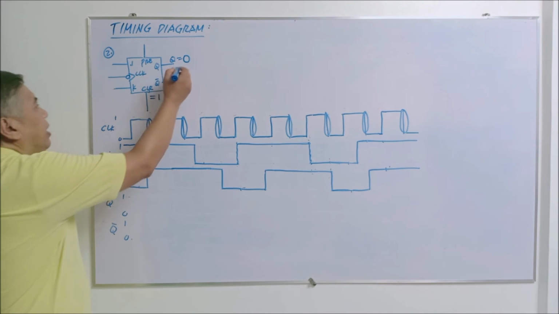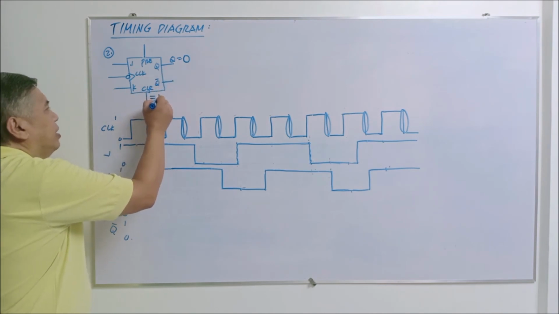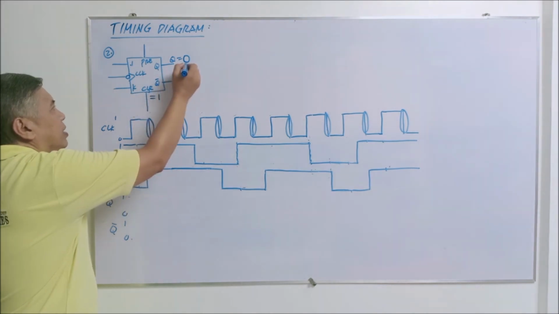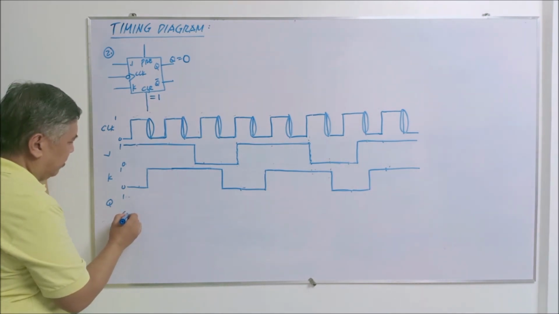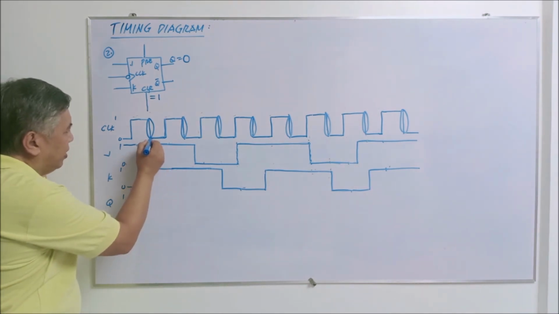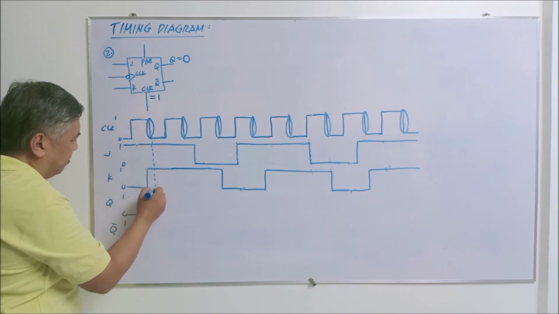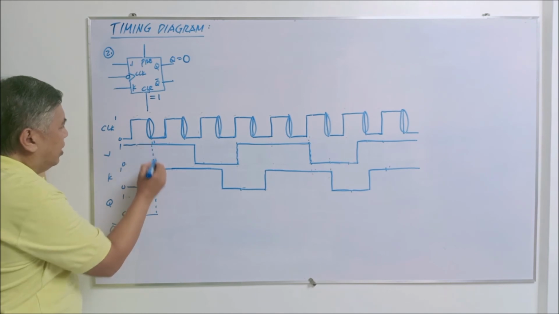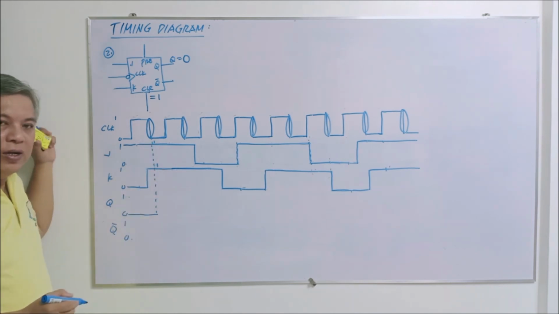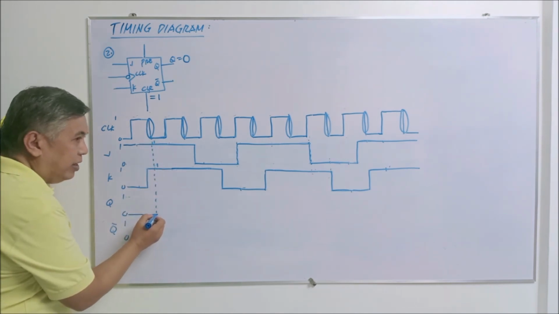Okay? So, let's determine the output Q and Q bar. So, again, since clear is equal to 1, our initial Q is 0, so we start at 0 here. And then we find the negative triggering of the clock. J is 1, K is 1, toggle, meaning last state complemented or inverted.